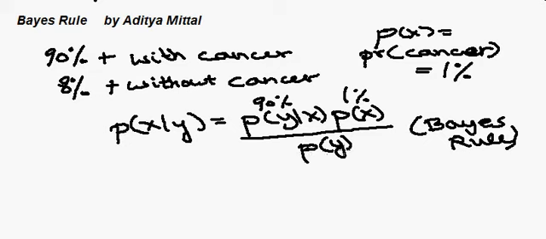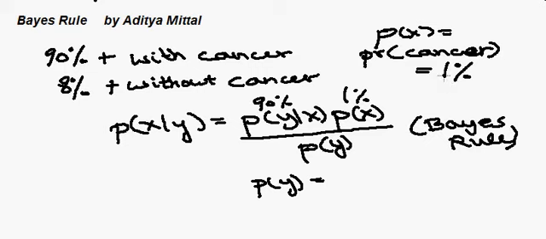So if you have cancer, you'll test positive 90% of the time. And if you don't have cancer, you'll test positive 8% of the time. So let's break this P of y up a little bit. The probability that you have cancer to begin with is just 1%. And that means the probability that you don't have cancer is the other 99%.